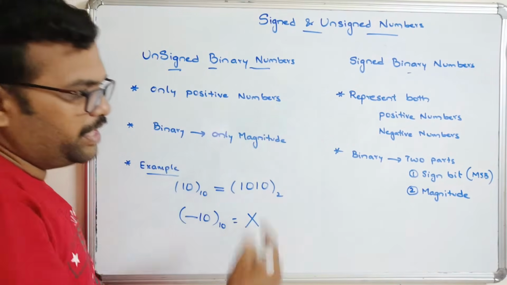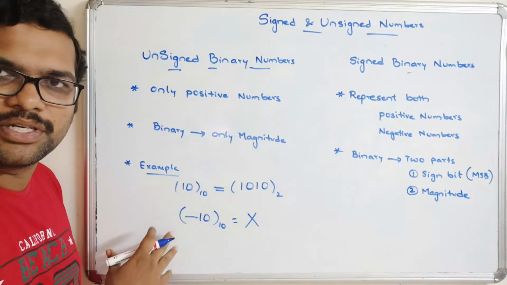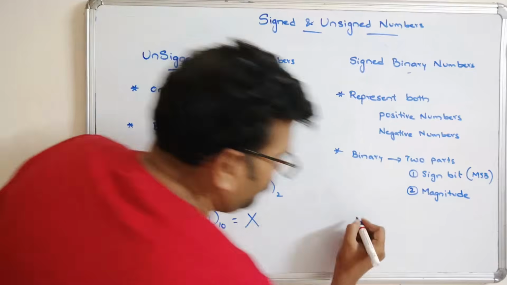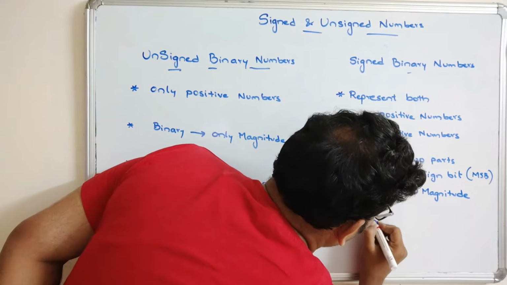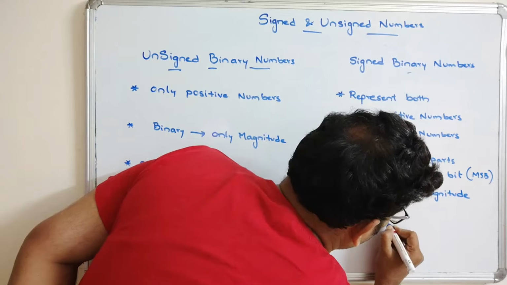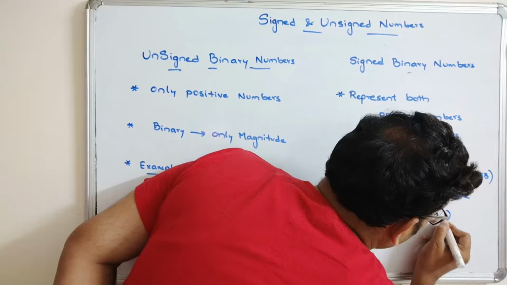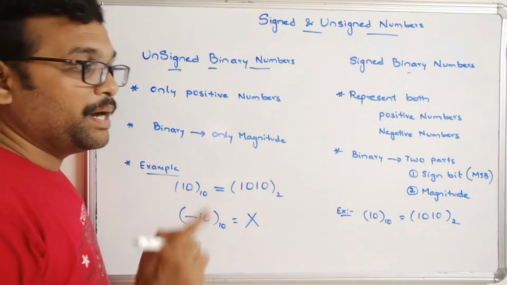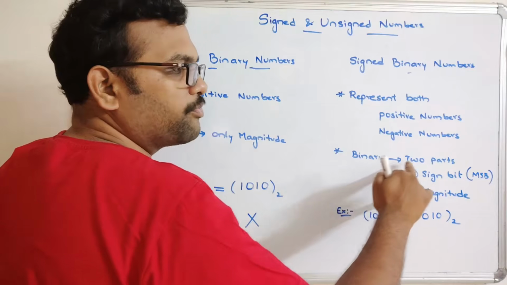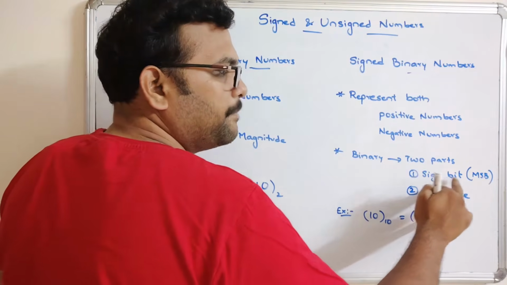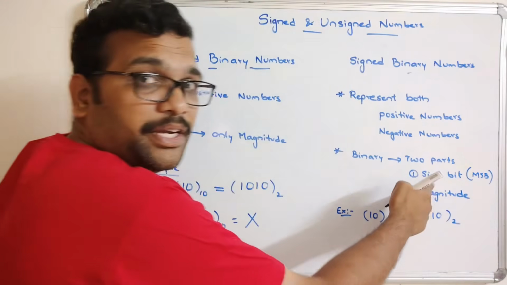Coming to the signed case, if it is a positive number we follow the same process. For example, if it is 10 in decimal, we convert it into binary, but you observe the binary number consists of two parts: a sign bit and the magnitude. The MSB will be the sign bit.